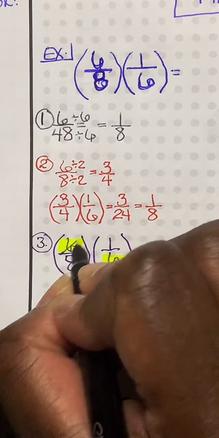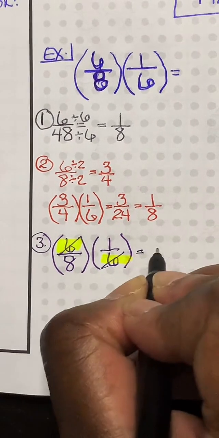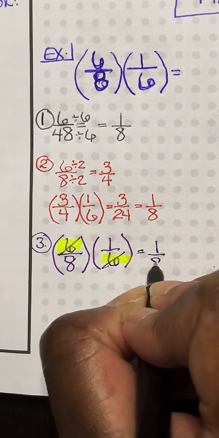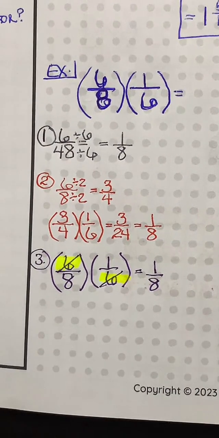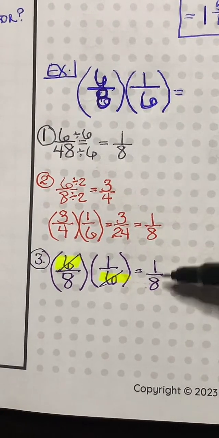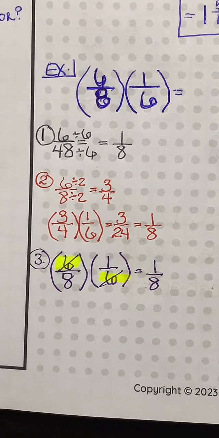They can cancel out. And then what's left is my 1/8. Okay? Notice, no matter which way you do it, you're going to get the same answer. Okay?